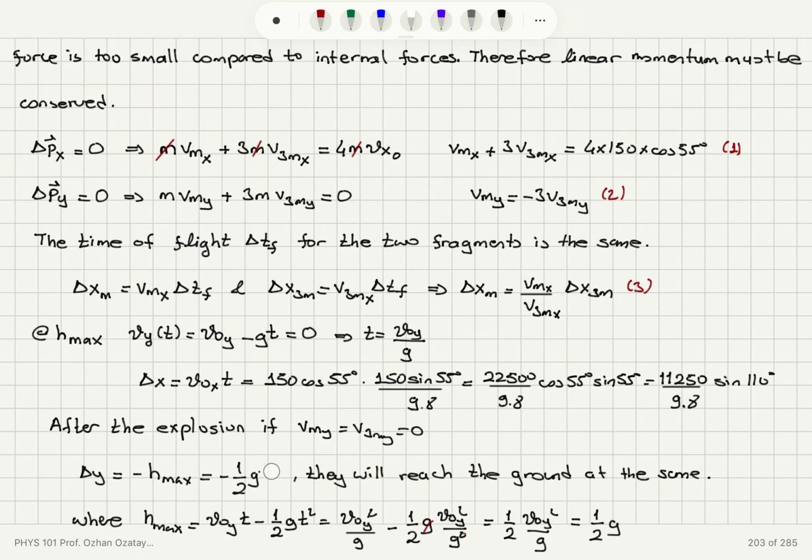So this t is what I have labeled delta tf, time of flight, squared. They reach the ground at the same time. So this is 1 over 2 g delta tf squared, and therefore delta tf, the time of flight, is v0y divided by g.